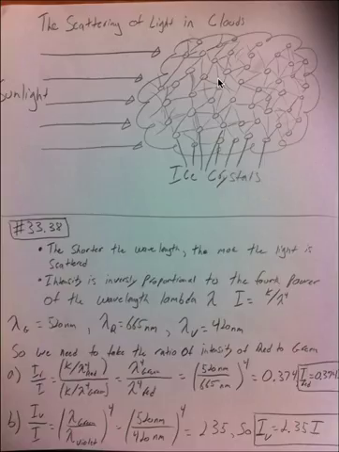So we're going to have all these different wavelengths of light reflecting and refracting from ice crystal to ice crystal, and a lot of these light rays are going to reflect up into space and not to Earth, but some of the light rays are going to reflect down to Earth where people can see it.